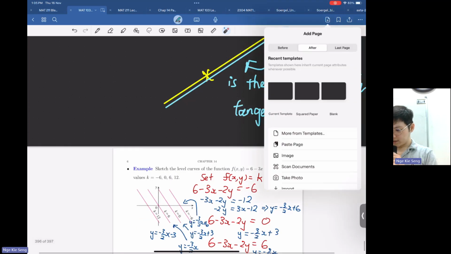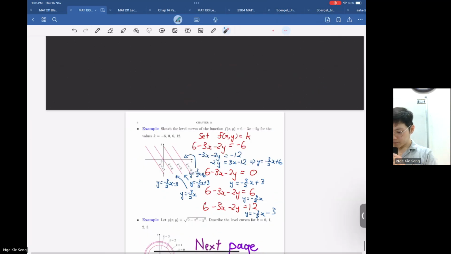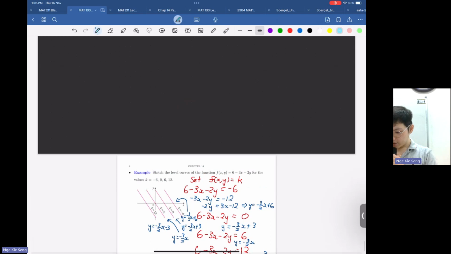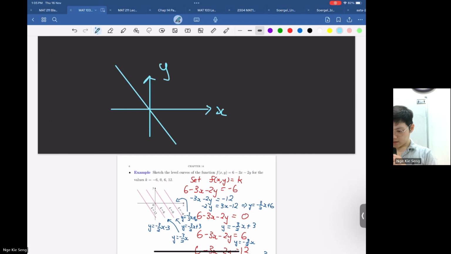Let me try and draw this diagram here: x, y, z. We have a slanted plane like this.